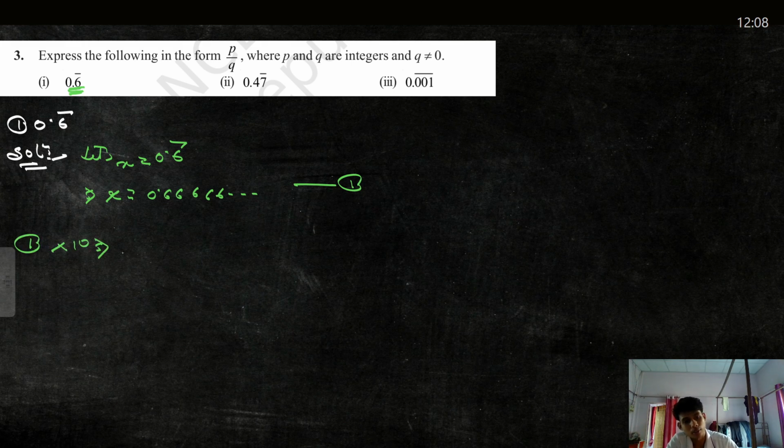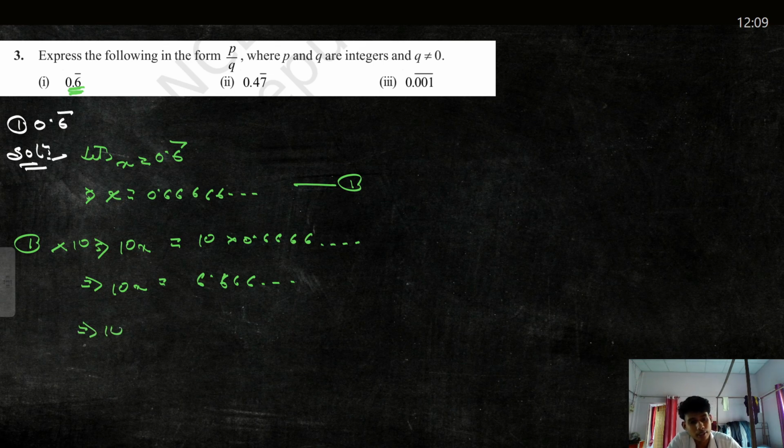Equation 1 into 10 implies 10x is equal to 10 times 0.6666. That implies 10x is equal to 6.666, as the decimal will shift one position to the right.